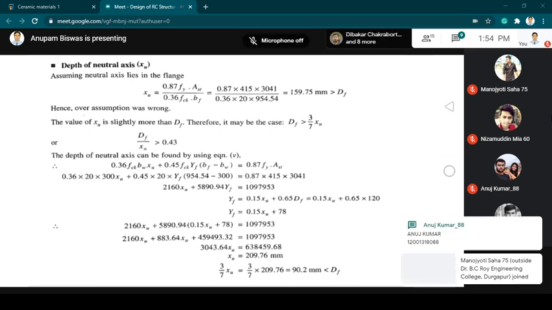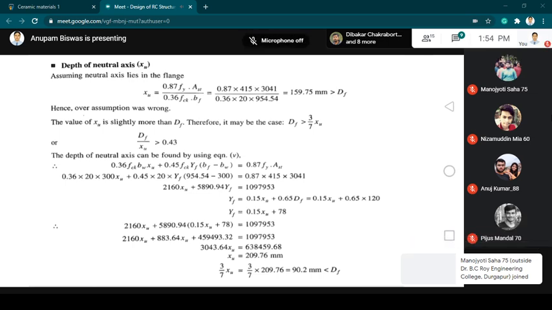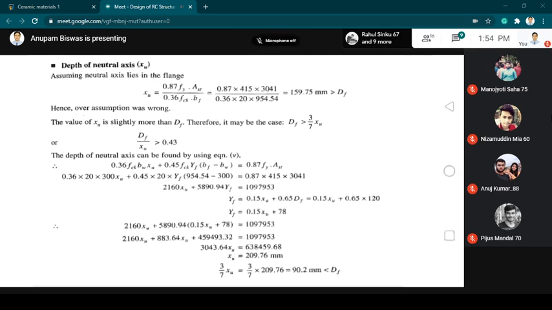So from this equation, by putting this value of YF in terms of XU, we obtain the value of XU ultimately. When we check now, the 3/7 of XU value is less than DF.